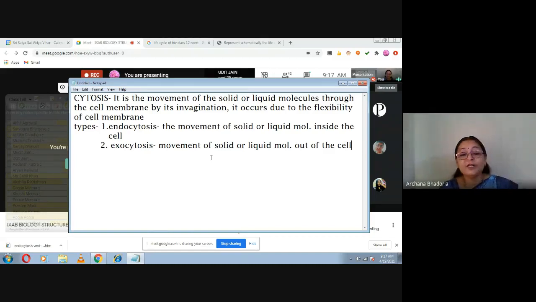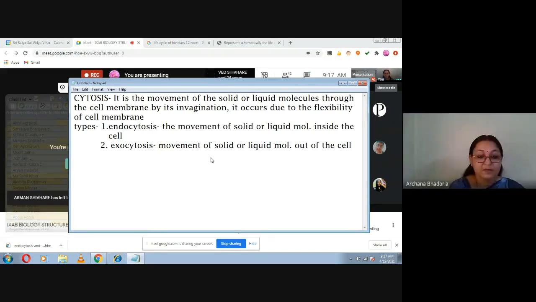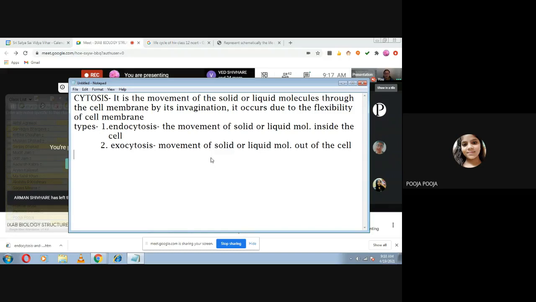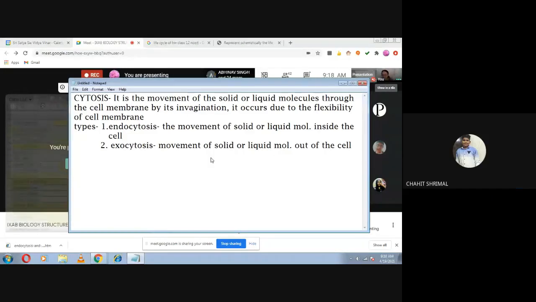It takes out the pseudopodia, encircles the food particle, then it will move inside. So that, children, is endocytosis. What is that process?